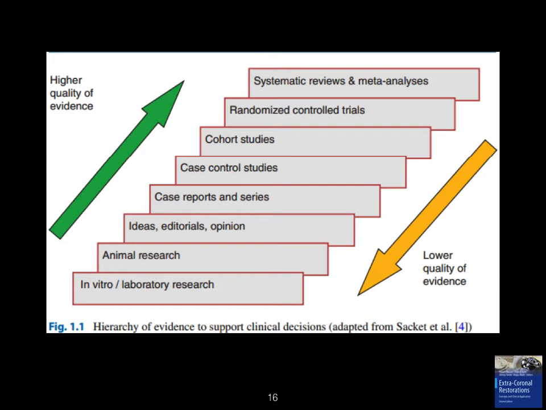That's why systematic review and meta-analysis have the highest ranking in citation of literature. Then randomized clinical trial, then cohort study, then case control study, then the reports, and then some opinions.